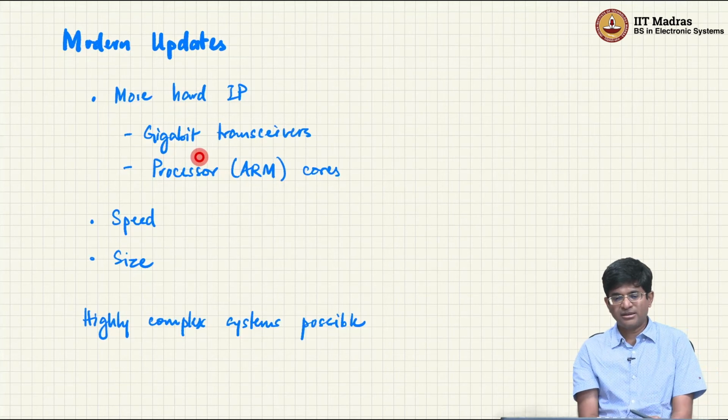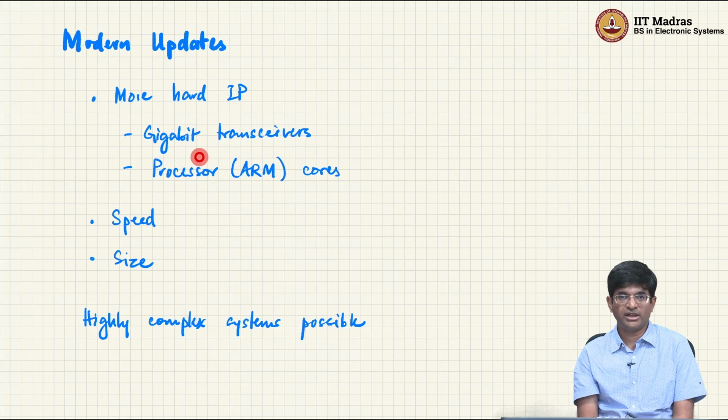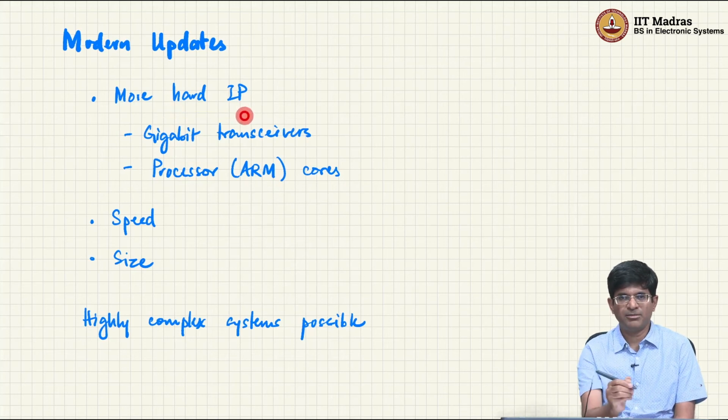So as I said, what do modern FPGAs do? It's well worth looking into the data sheets of modern FPGAs to see how this picture that I showed you over here has evolved over time. There are many more hard IPs. What I mean by that is, a hard IP is an intellectual property core design that has actually been instantiated directly on the hardware, on the chip, right?